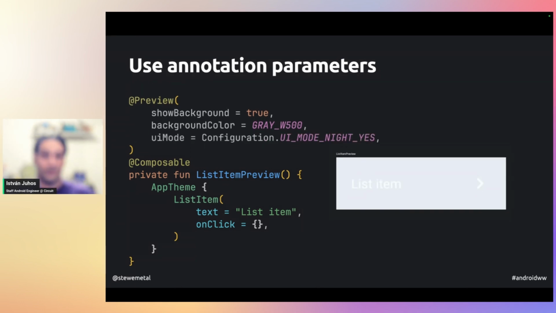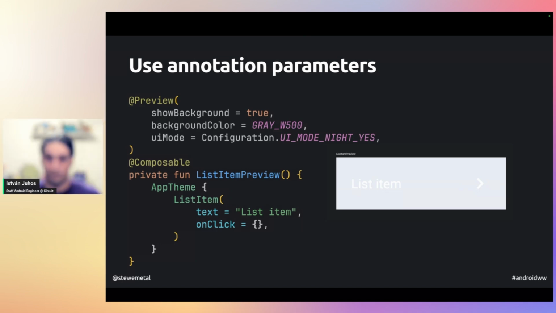Okay, but what if we want to preview our list item in the dark mode? There is the UI mode parameter. We can set all the different configuration flags on that. The easiest way is the configuration UI mode night yes. If we set it to that, then our preview will be rendered as if the preview was run on a device or an emulator that is set to dark mode.